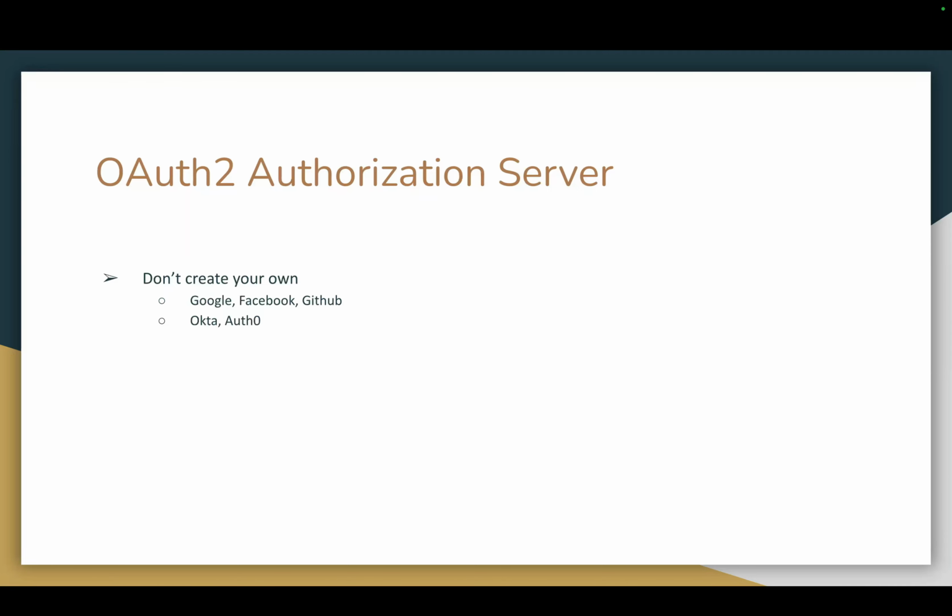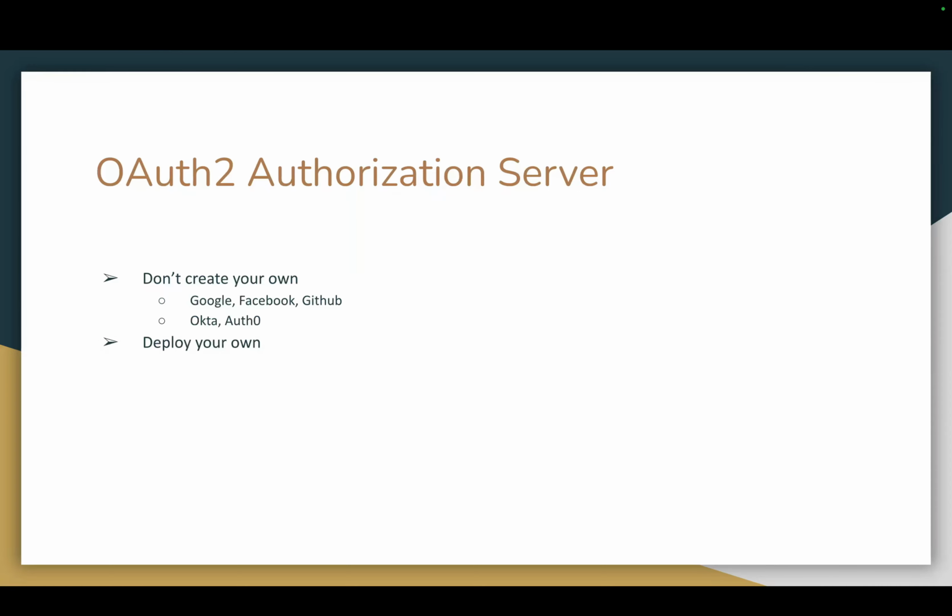And the nice thing about them is they act as OAuth2 clients as well. That means you can integrate different authorization servers as well. For example, inside Okta, you can connect it to Google, Facebook, and GitHub. So whenever users see that Okta login page, they will get the option to log in with, let's say, Google, Facebook, and GitHub as well.